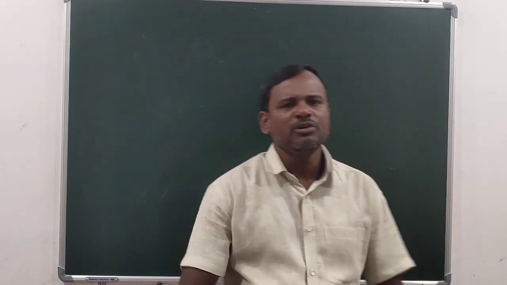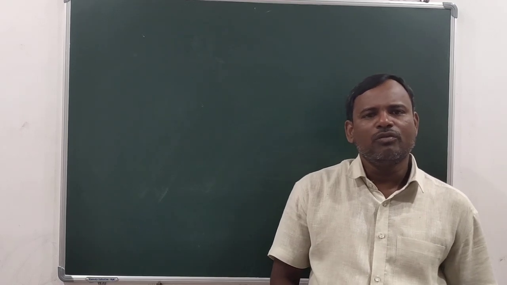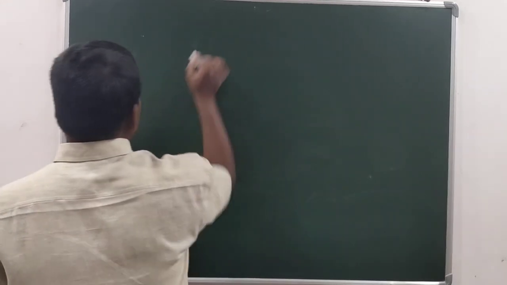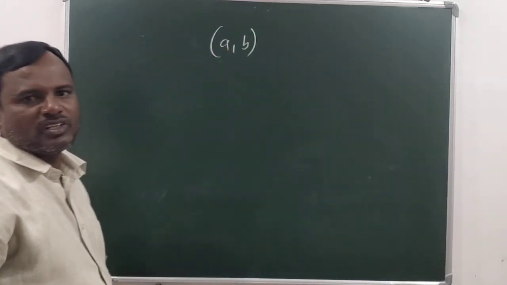Next, I am going to check differentiability of this function over an interval a comma b. This is the given interval and this is the function. Now, when do you say this function is differentiable in the open interval a comma b?